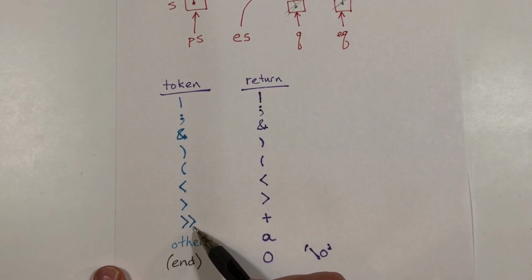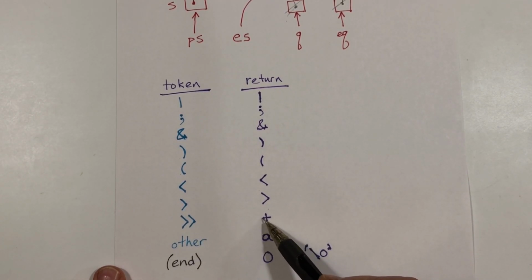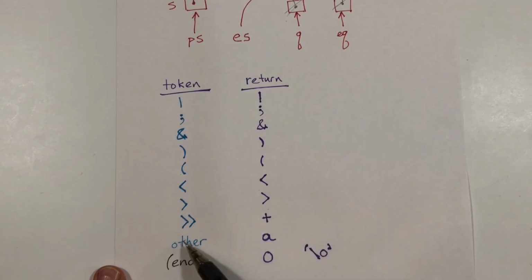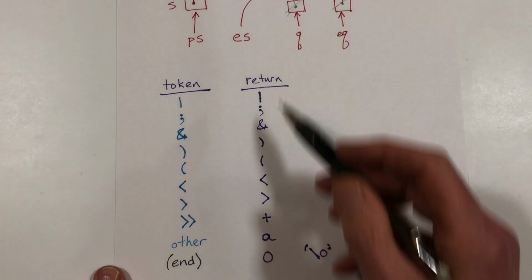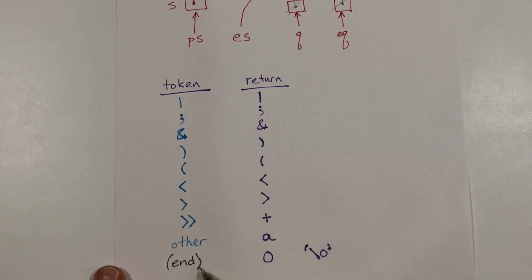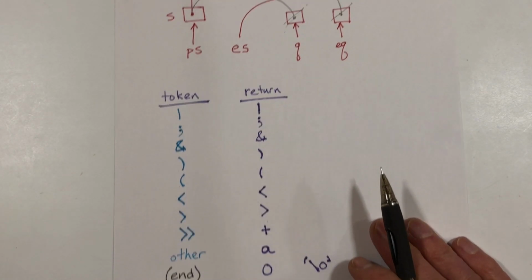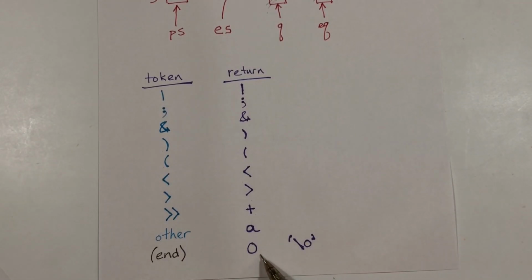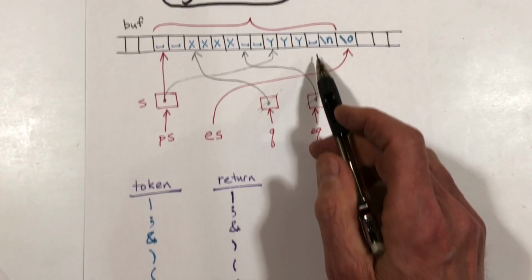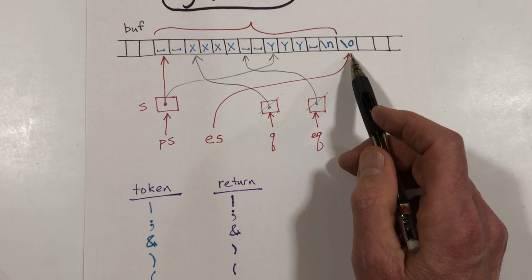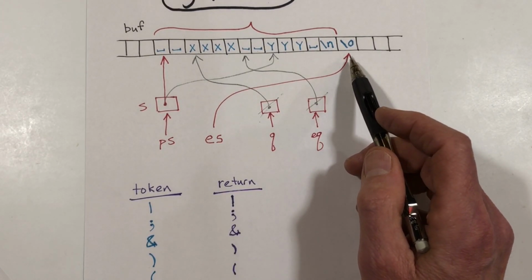In the case of the double greater than, we will return a plus character. For anything else, we're going to return the letter A. So for file names and command line options and so on, we return just the letter A to indicate that it's not one of the operator symbols. And if there is no token before we reach the end of the scan period, then we return 0, or you can think of it as a null byte.